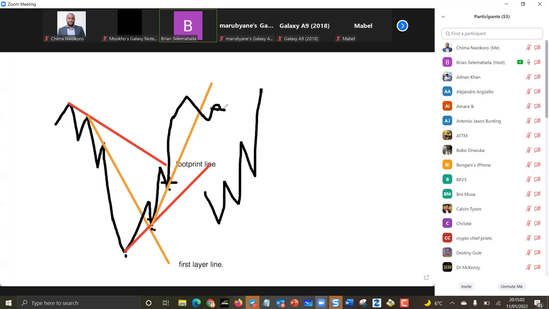After we take our sell, we do the same thing. As the market keeps on going down, using divergence, we add trades using divergence.